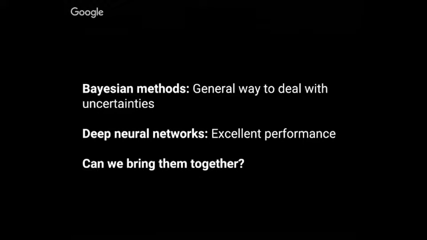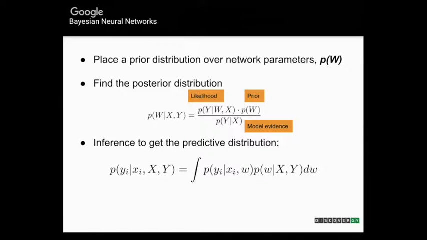So the option with us was either we go to using Bayesian methods that have been studied a lot for NILM as well, and try to get uncertainty estimates from there. But we saw that our deep neural networks were performing very well for disaggregation, and we were trying to see if we can combine the 2 methods. A lot has been done in the literature already to combine these 2 things in the form of Bayesian neural networks.